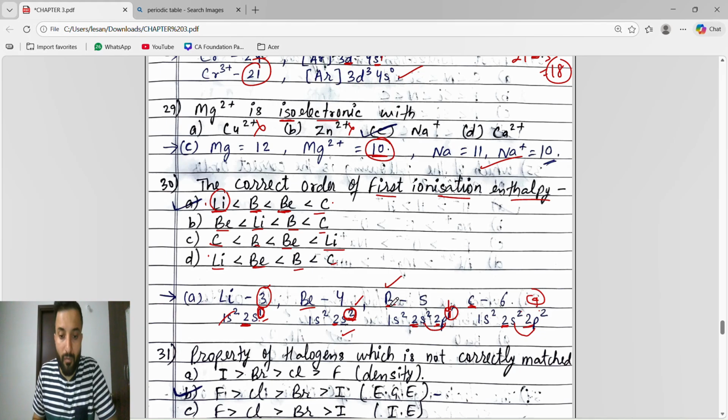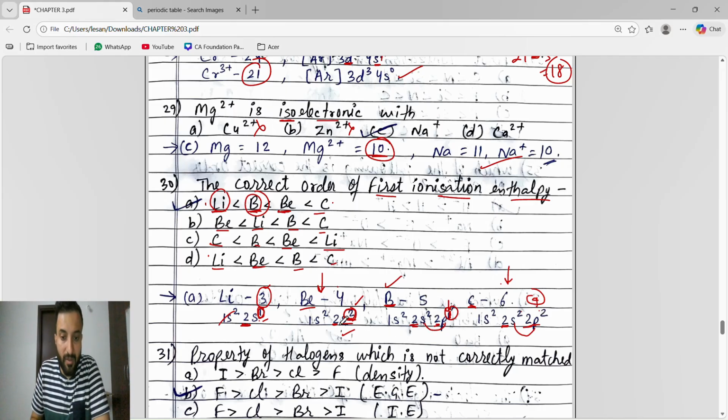So for boron, removing this 1 electron from p is very easy. So after lithium it will be boron. Now beryllium and carbon. Carbon went to the p block and beryllium is still in s, so we will first focus on beryllium, then we'll go for carbon. The reason is carbon already went to p.